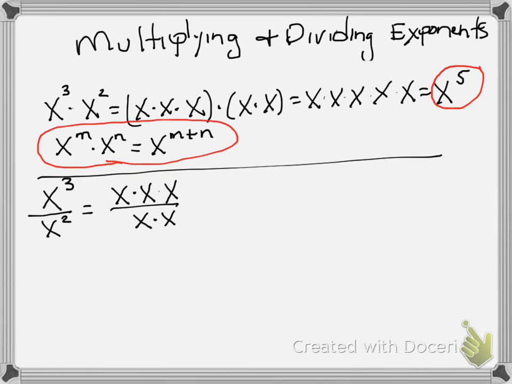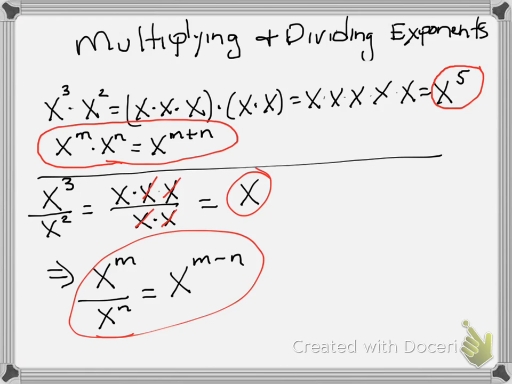Okay, what about dividing? In this case, we've got x cubed over x squared. Let's just write that out again longhand. We see we've got x cubed over x squared, just like this. Well, 2 of those x's will just cancel, right? X divided by x is just 1. So we're just left with a single x value left. So again, we'll take this as the rule of thumb, and we'll extrapolate to find a general case.